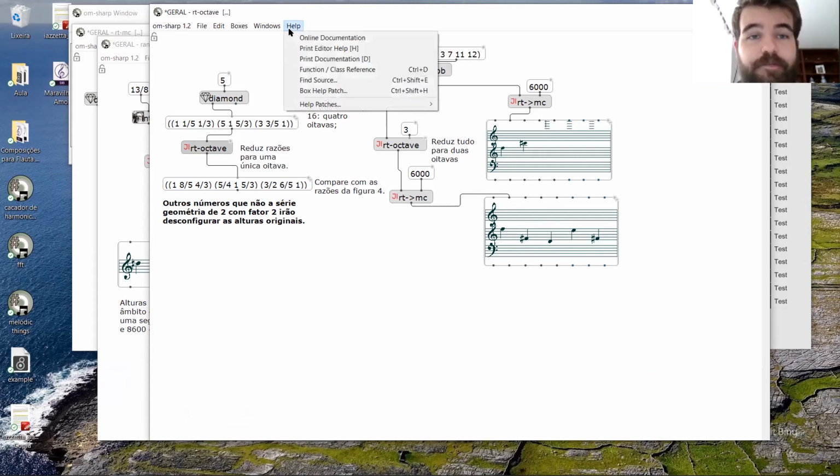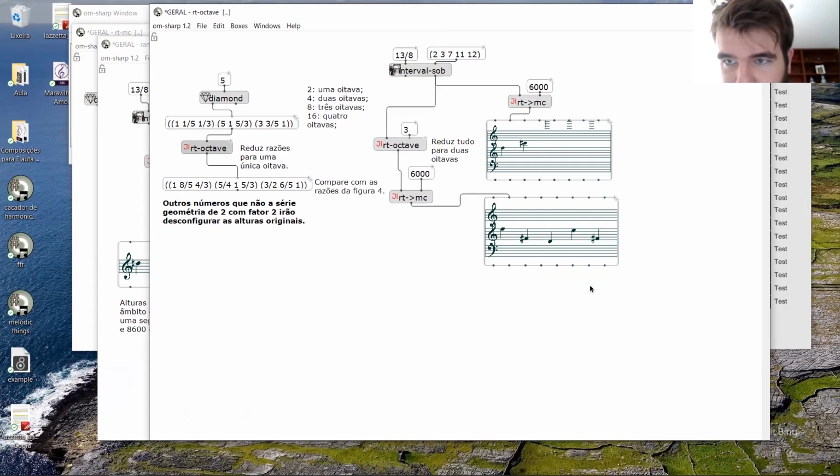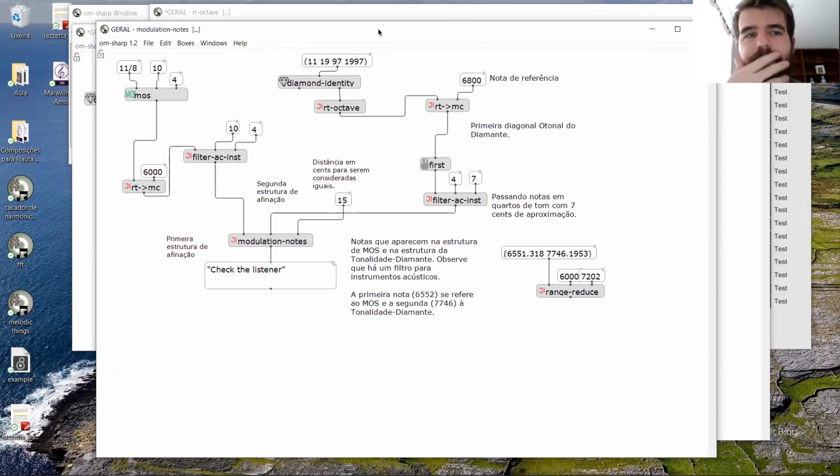The next one, I like this next object. This is the modulation notes. It works with a concept that Daniel Huey showed in his PhD thesis.